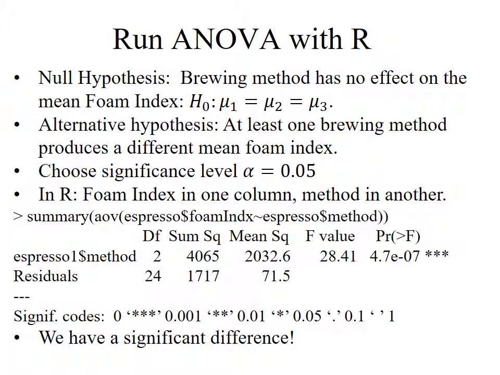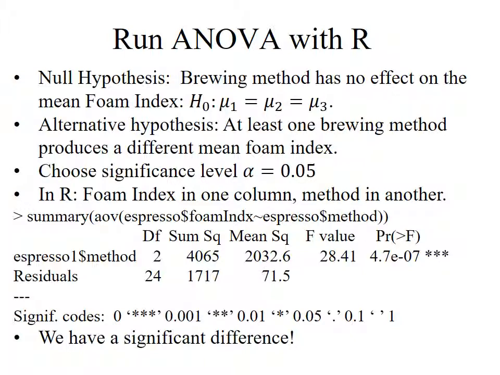So for instance, in the top row, we're going to compute a variance. A variance is a mean square. So we take 4,065 divided by 2, which gives us 2,032.6, I guess. There must have been some decimals running around there that they didn't list. And then similarly, we take 1,717 divided by 24.